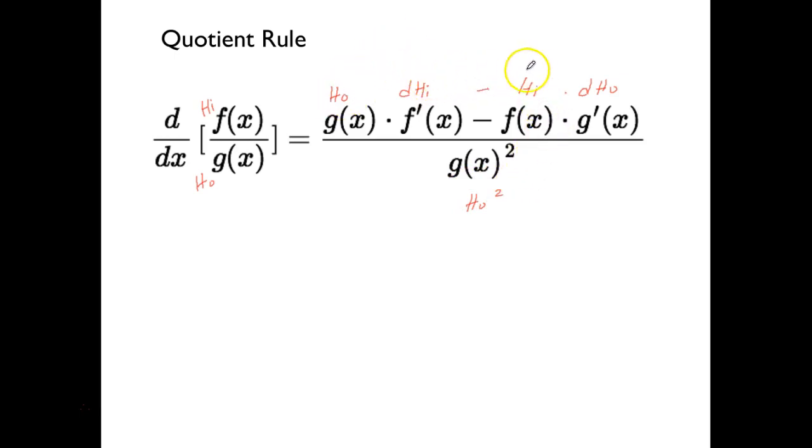So ho d hi minus hi d ho, all over ho squared. The d meaning derivative, yeah? Okay, so I'm going to use that method whenever I'm doing this. You can also just memorize this if you want to, but I use the ho d hi minus hi d ho, all over ho squared.